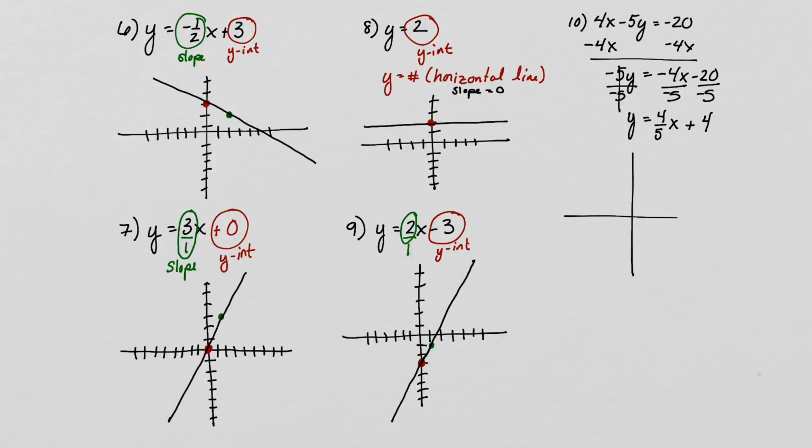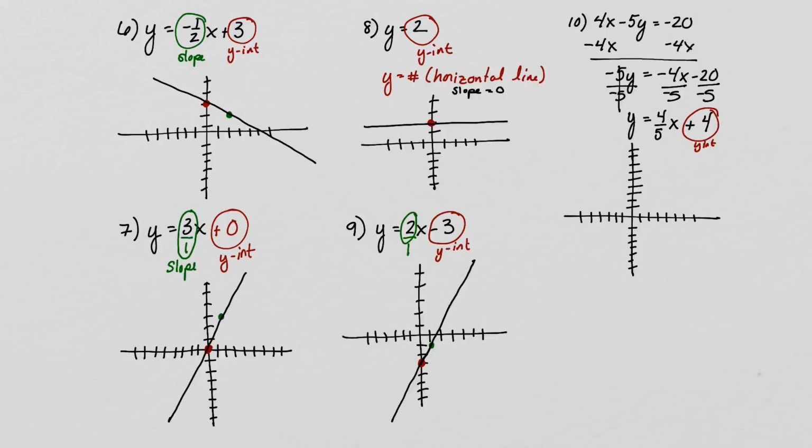And again, if I draw my line here, put a couple more tick marks on it for good measure. Might even need a couple more. Okay, so again, remember this plus 4, that's the y-intercept, right?